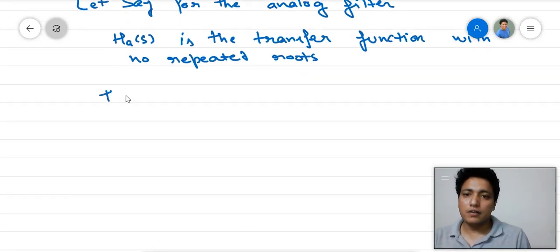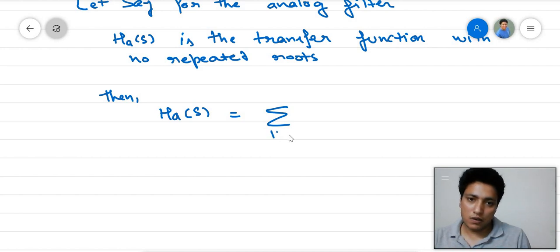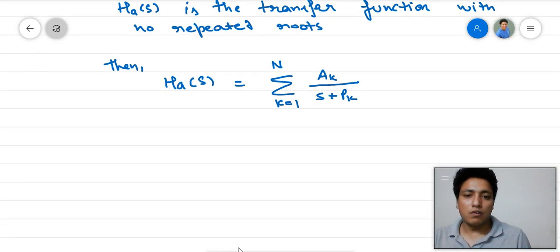Then we can write H_a(s) as summation k equals 1 to N of A_k over s plus p_k.